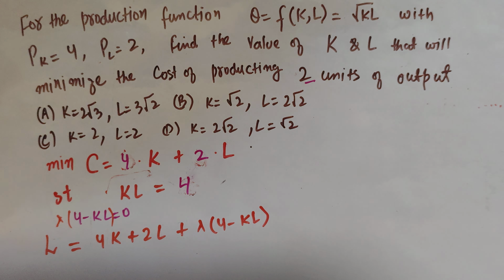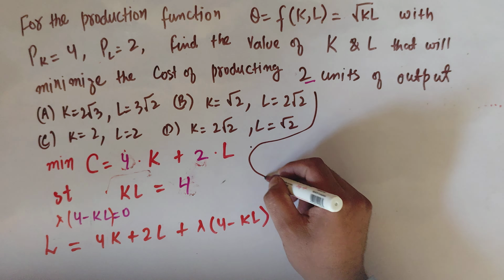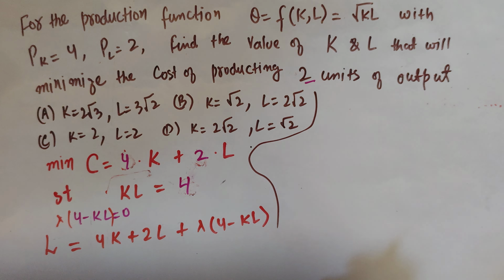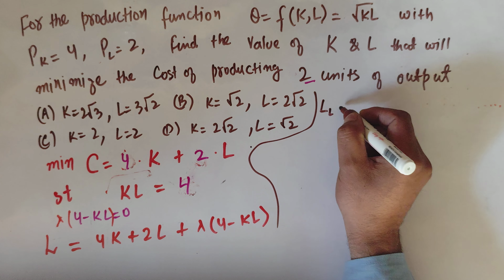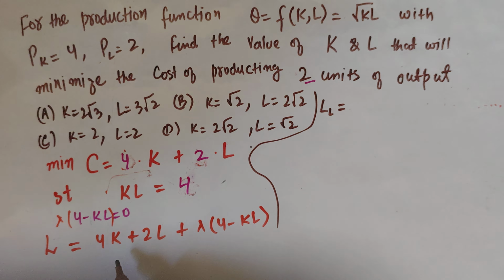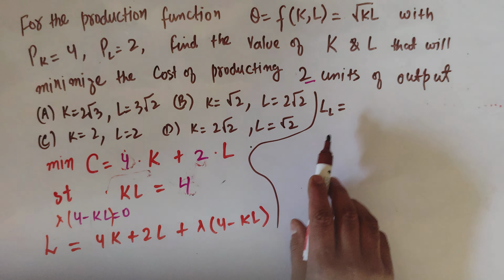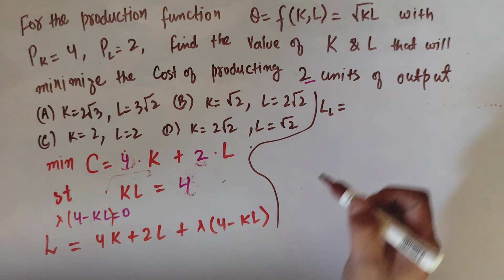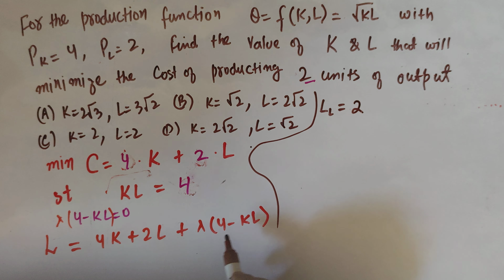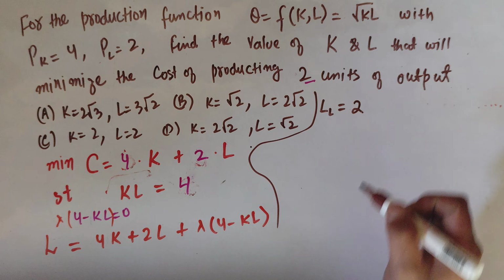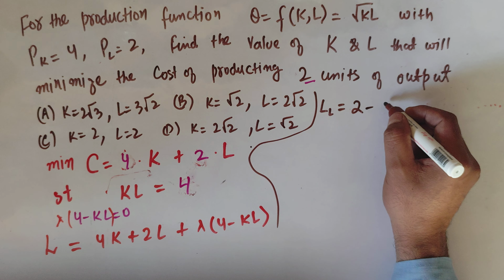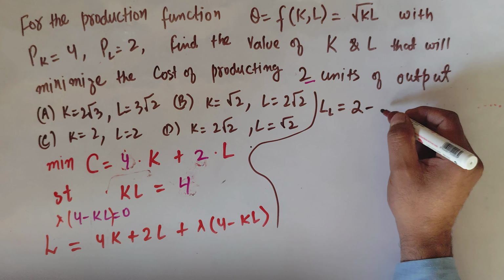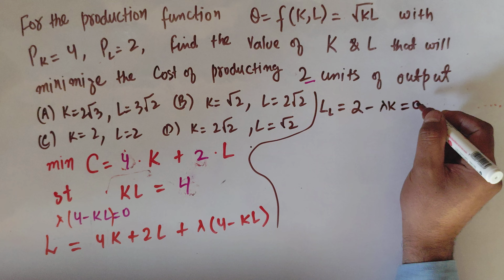Now to find the optimal values of capital and labor, we partially differentiate this Lagrange's function with respect to capital, labor and lambda and solve them simultaneously. Let us denote L subscript L, the partial derivative of this function with respect to labor. The derivative of the first term is 0 because we are taking partials with respect to L. The derivative of L in the second term is 1, so we get 2. Then the derivative of L in the third term is 1, so we get minus lambda times K, and we set it equal to 0.